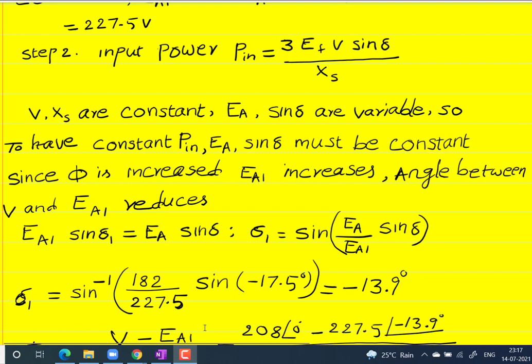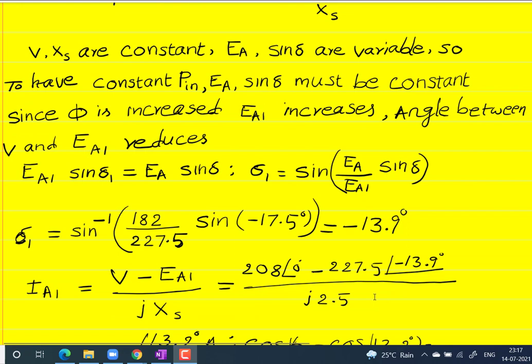Substituting all the values, sine inverse of 182 divided by 227.5 times sine of minus 17.5 degrees gives minus 13.9 degrees. This means EF or EA lags behind V by this angle.